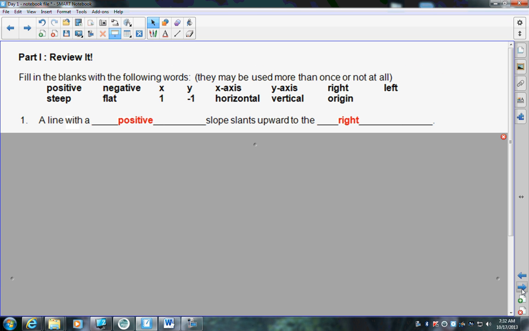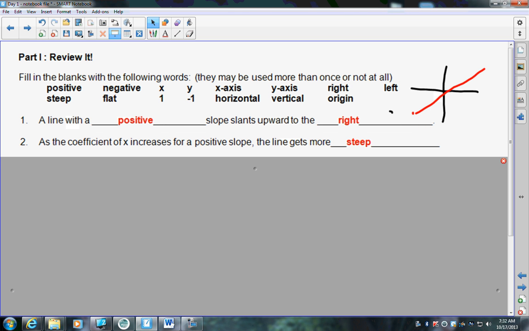Now, to check what we've done, it should have said a line with a positive slope slants upward and to the right. So if you were to sketch that, it goes upward and to the right like this.